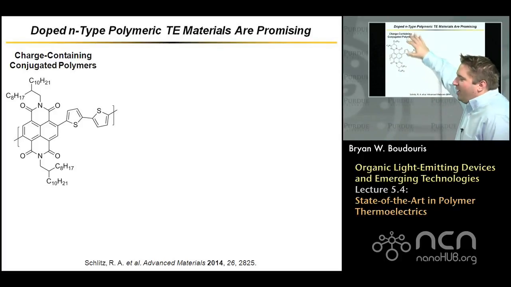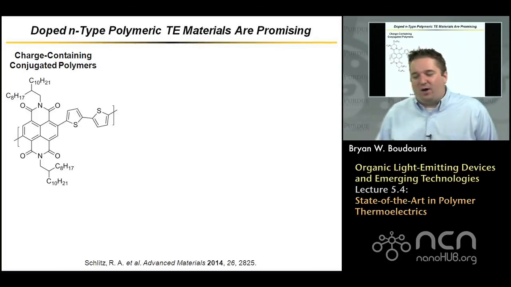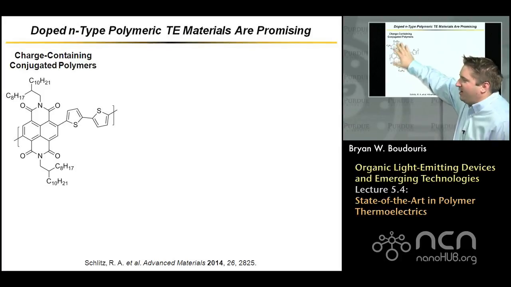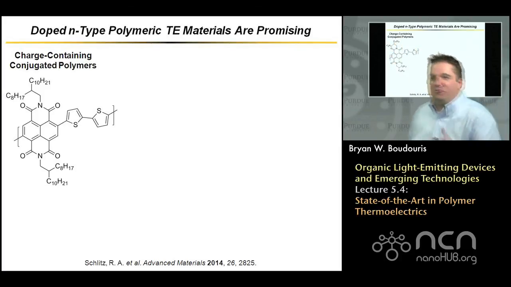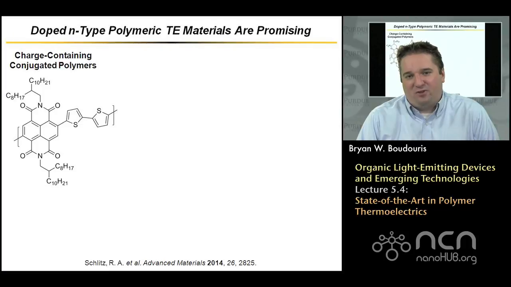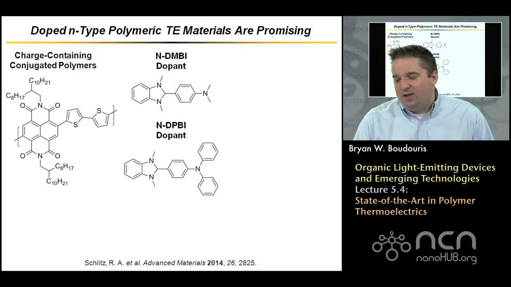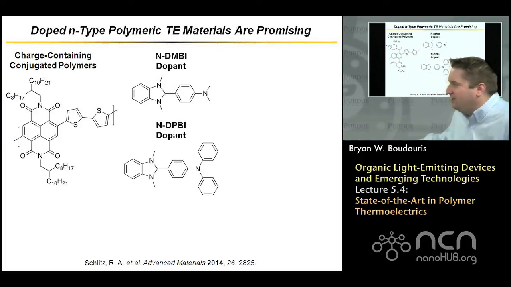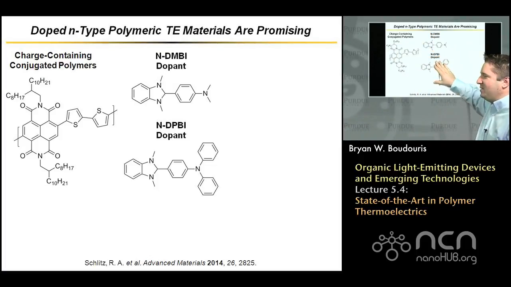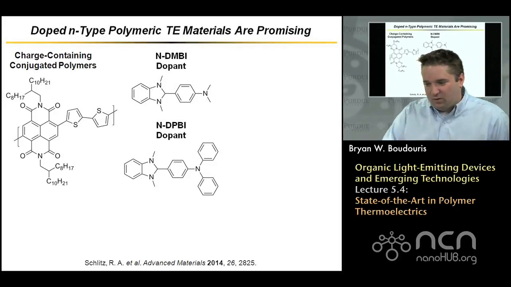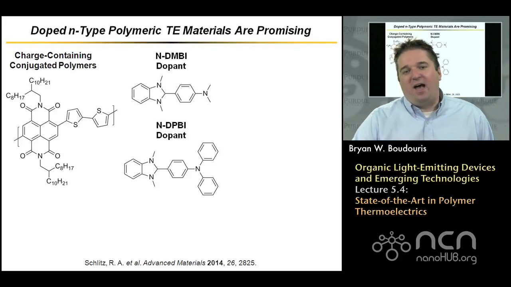And one of the initial high-performance materials that have been found is this bulky conjugated polymer here, where we have this electron donor electron acceptor structure that we might remember from our low band gap polymer discussions, right? It turns out that if you have this material and you add in dopants, either DMBI, the upper one, or DPBI, the lower one, and the difference between these is either the methyl group or the phenyl group, we actually see that with adding dopants, we can increase the conductivity of this material.